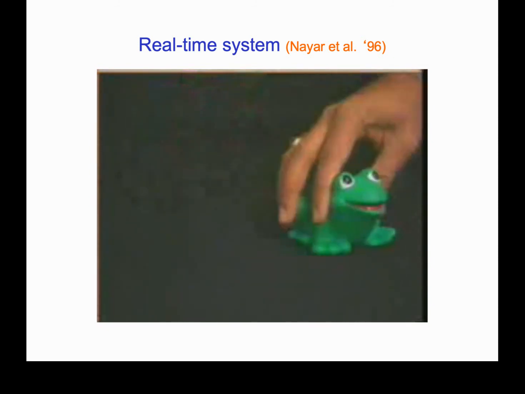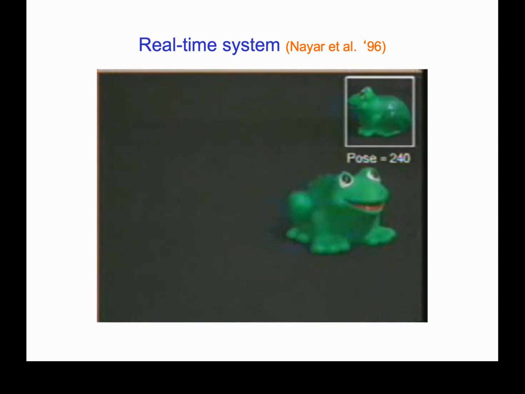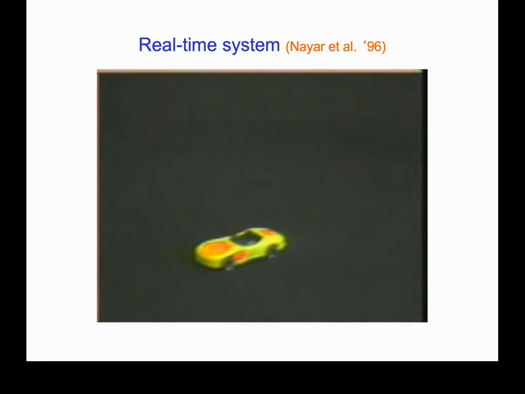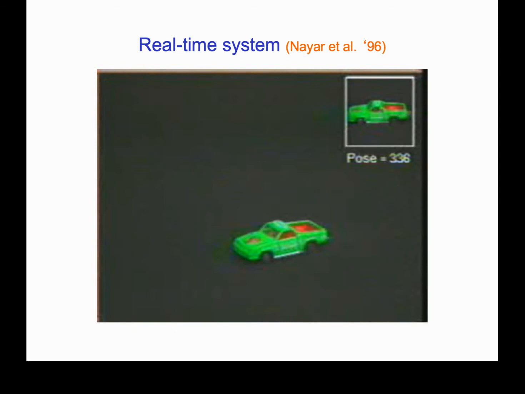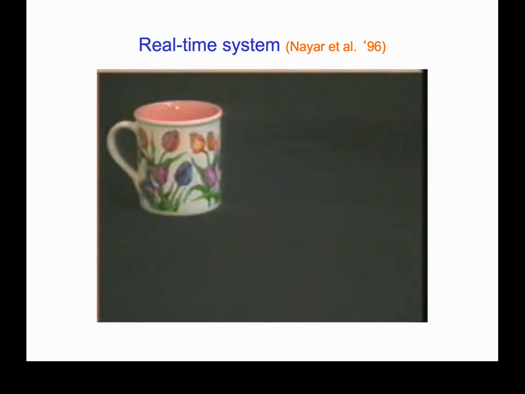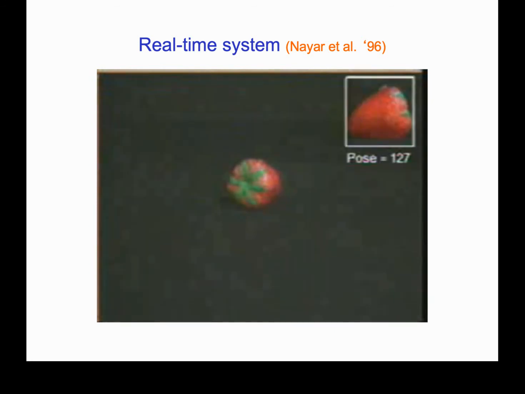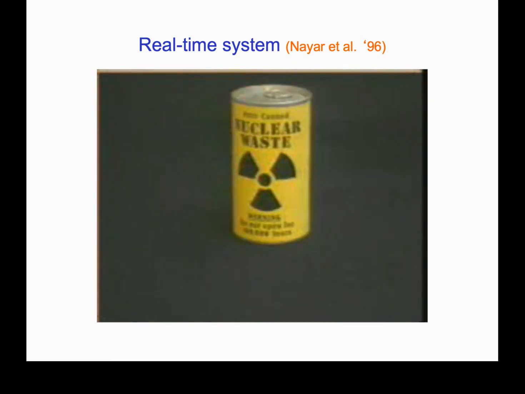Okay. Here I have a real-time system. So I have one object and I simply use the system, and the system is able to find first what object this is within the data set that I have, and furthermore identify the pose of the object based on where it lands on the manifold that was created by that object.